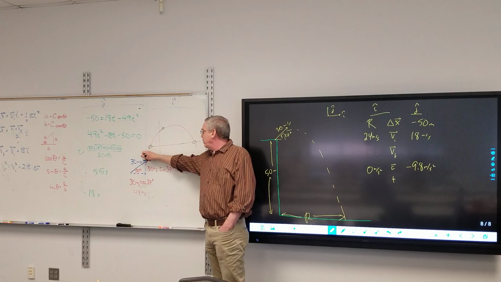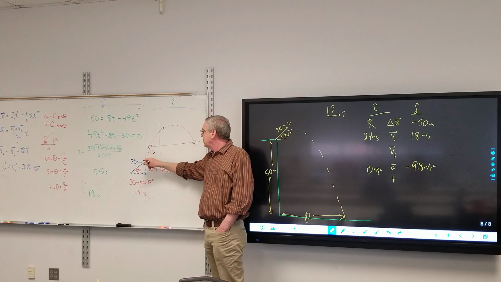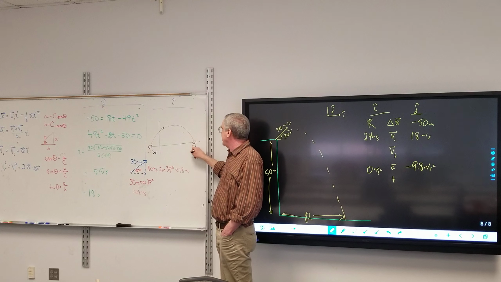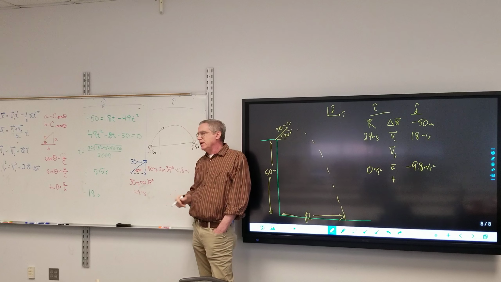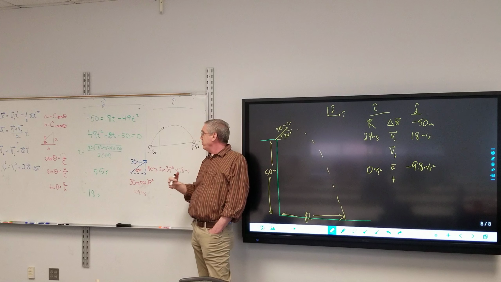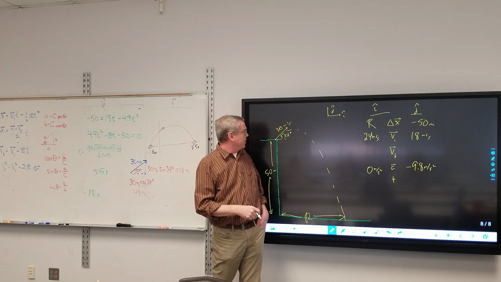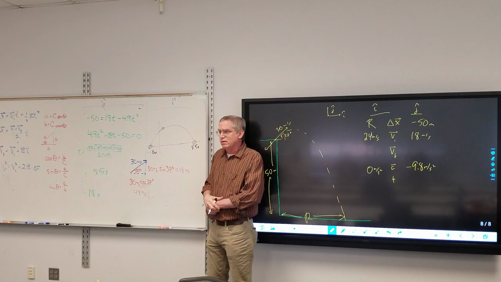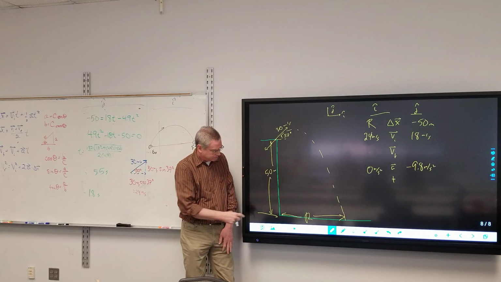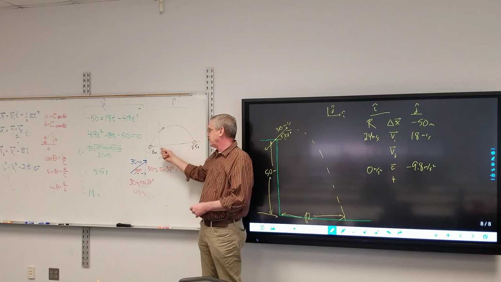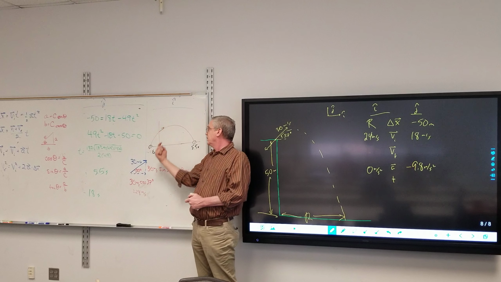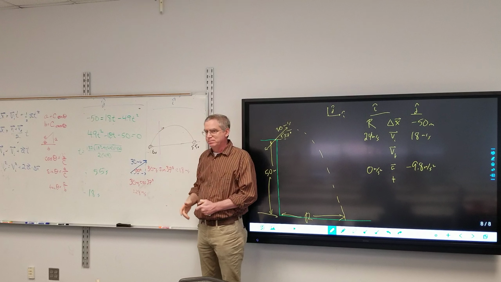So that negative 1.8 seconds, and this would be the 5.5 seconds. This would be if I shot it in the other direction at 30 meters per second. So if I shot it in that direction at 30 meters per second, how long would it take to get down to here? It would take 1.8 seconds. Since we're going in the other direction though, it's sort of back in time.